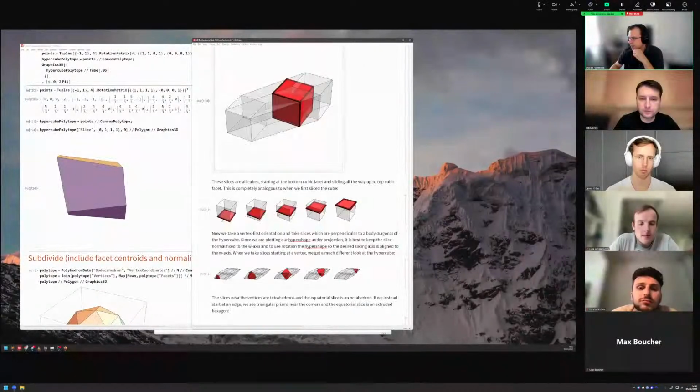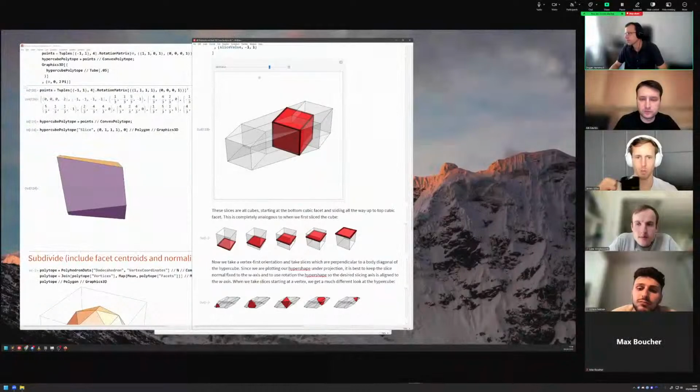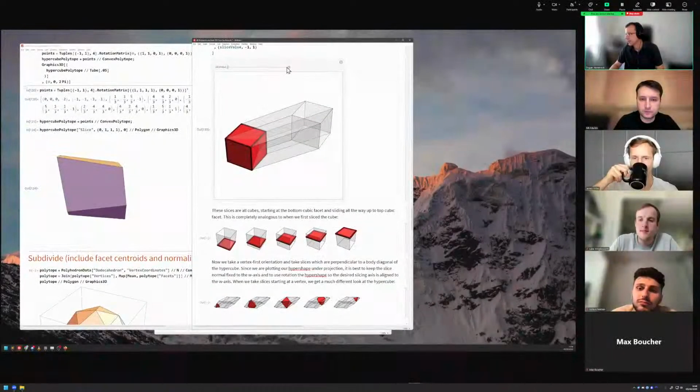Much the same way that slicing a cube by squares will just give you the same square but translated, the hypercube has the same sort of arrangement.